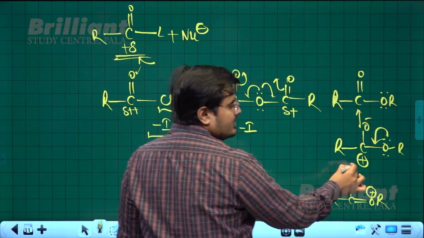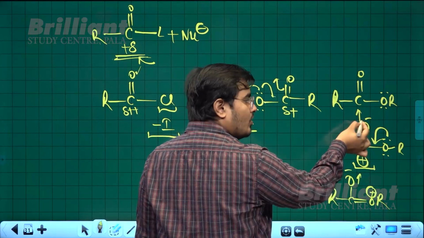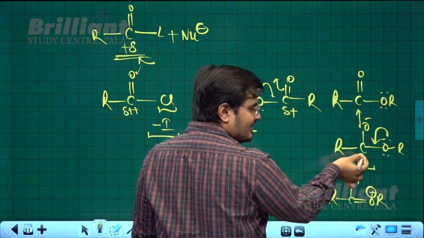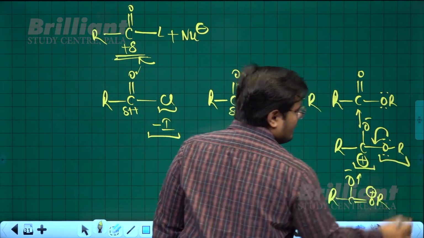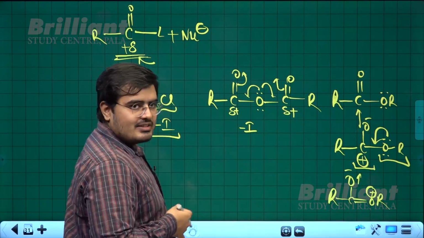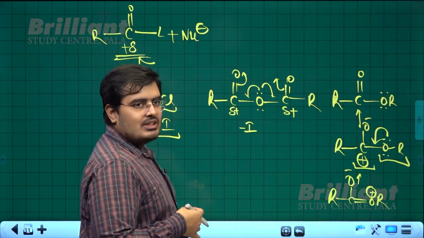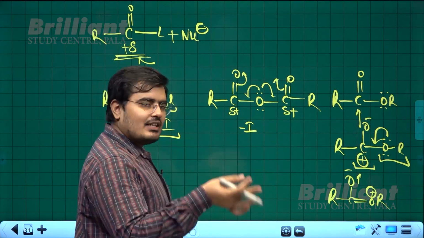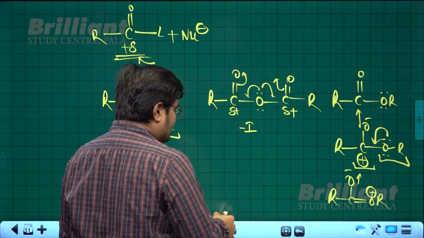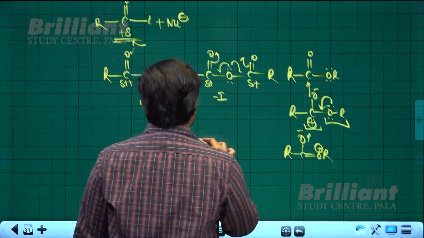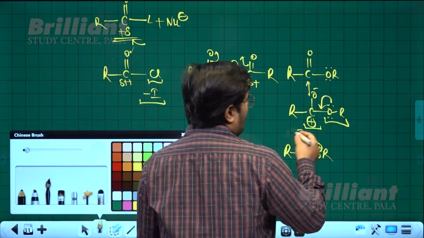So the positive charge which oxygen puts on this carbon is actually neutralized by the O of the alkoxide part, which decreases the positive charge density, and hence decreases the electrophilicity of the carbonyl carbon, which is responsible for its lower rate.